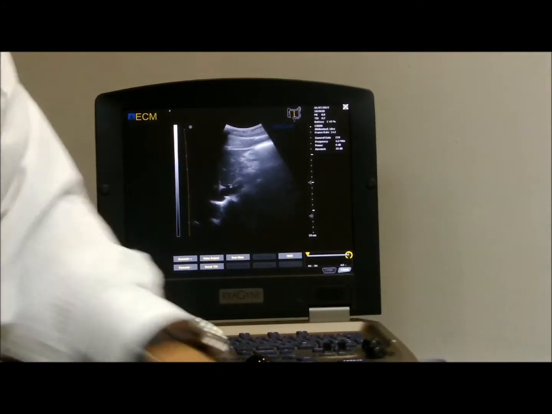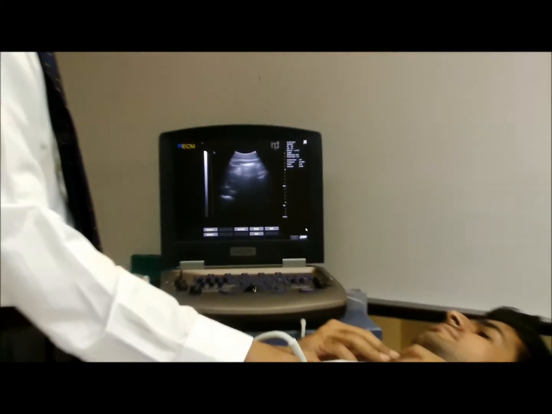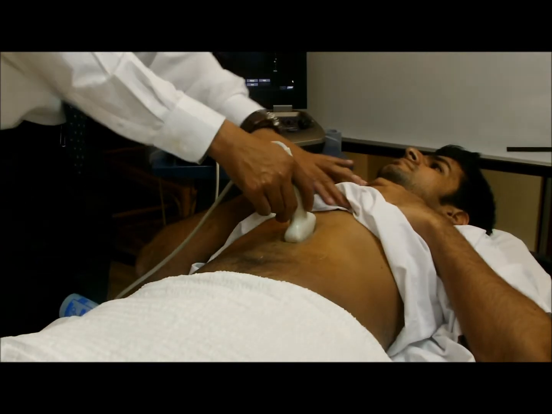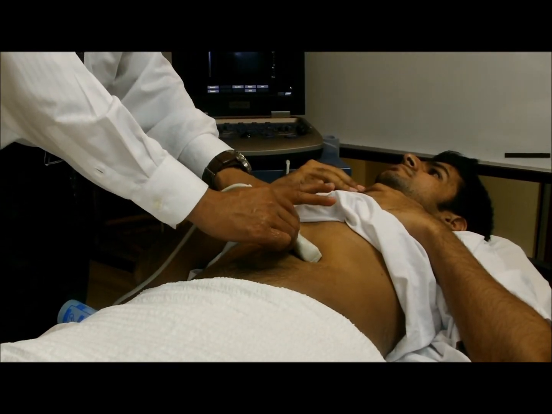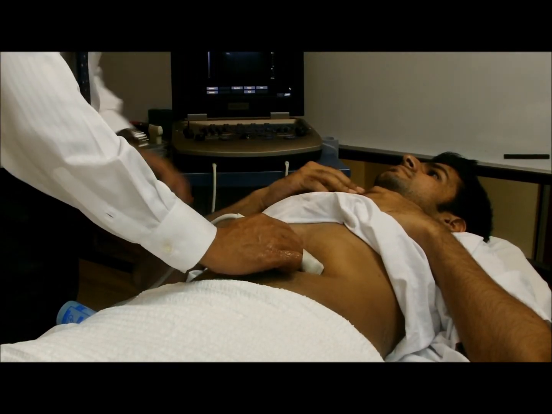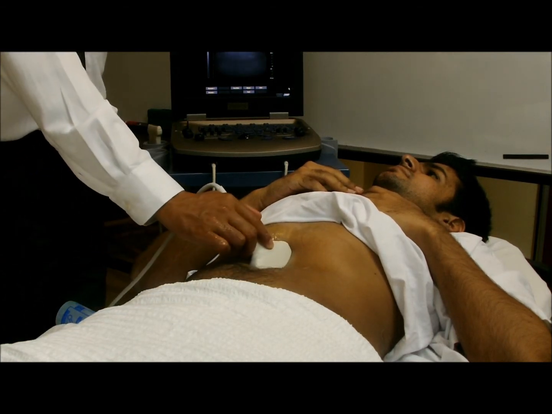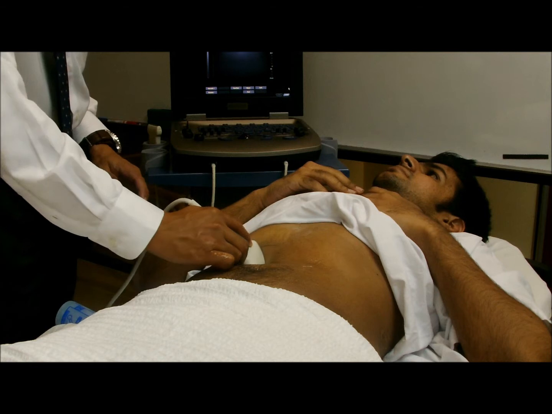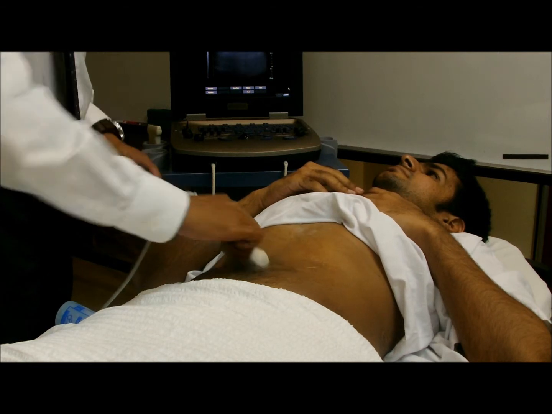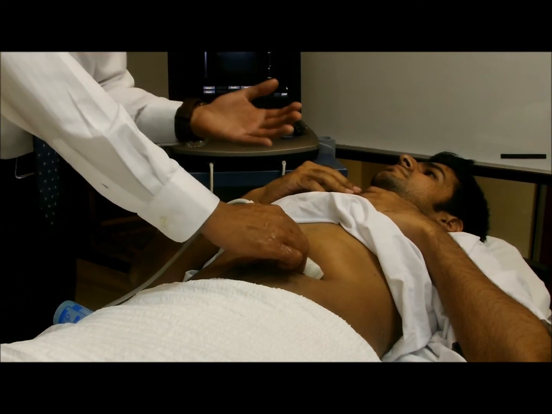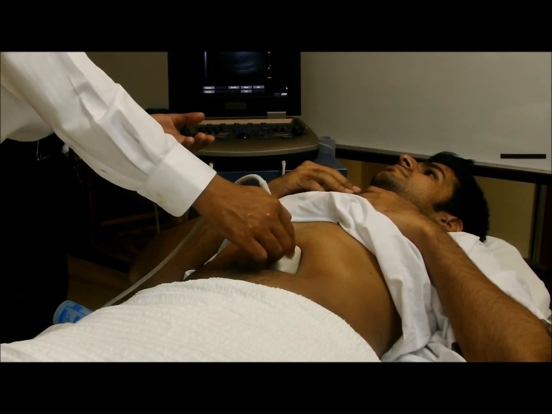For the stomach, you can run it from here in sagittal view, move it in a slanted manner over the left subcostal margin, and come over here until you get to the duodenum. If there is obstruction, you'll be able to see a dilated stomach with fluid filled inside.